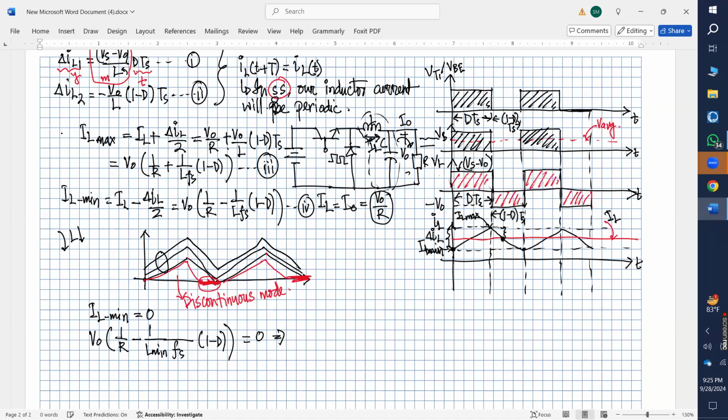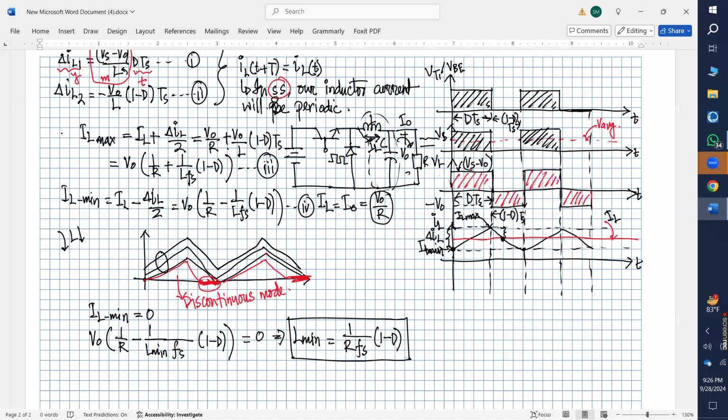So that gives you L min is nothing but 1 over R multiplied by Fs multiplied by 1 by D. So this is the minimum amount of inductance that you should put in the circuit so that you have a continuous current in the inductor.